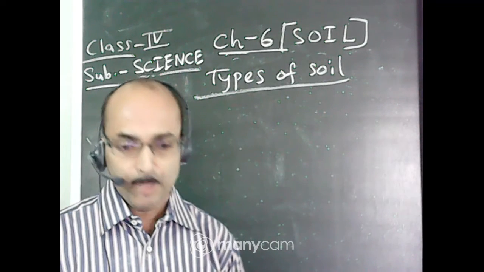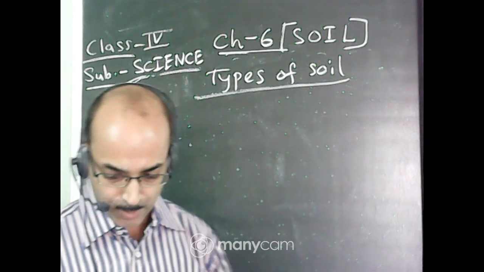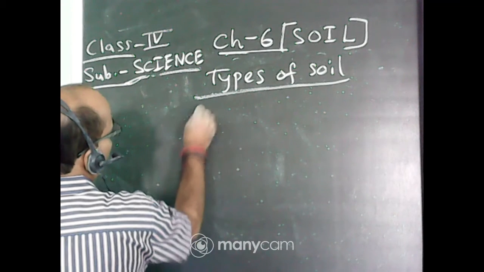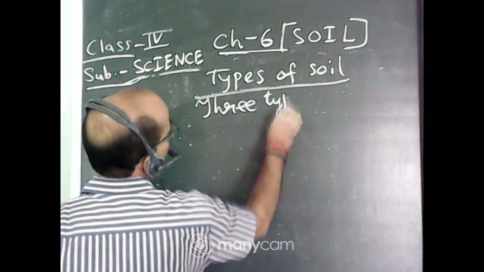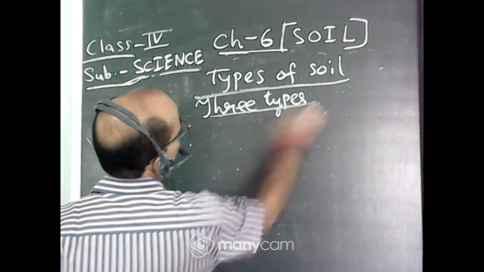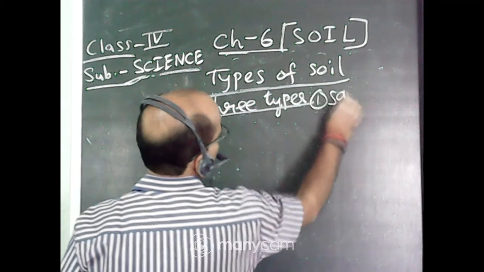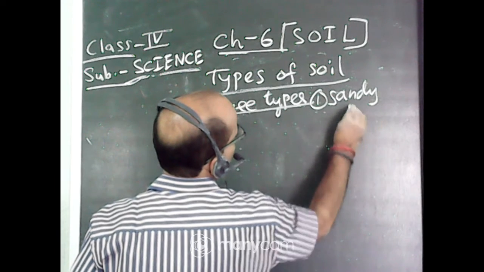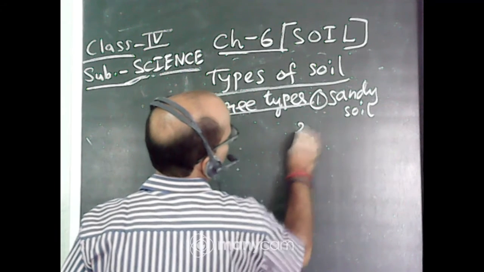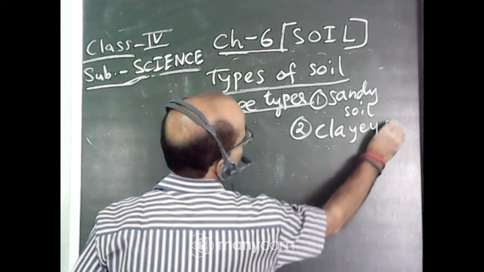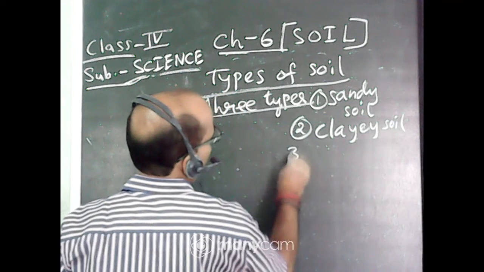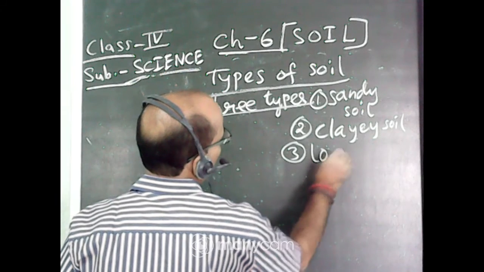There are mainly three types of soil we have seen: sandy soil, clay soil, and loamy soil.